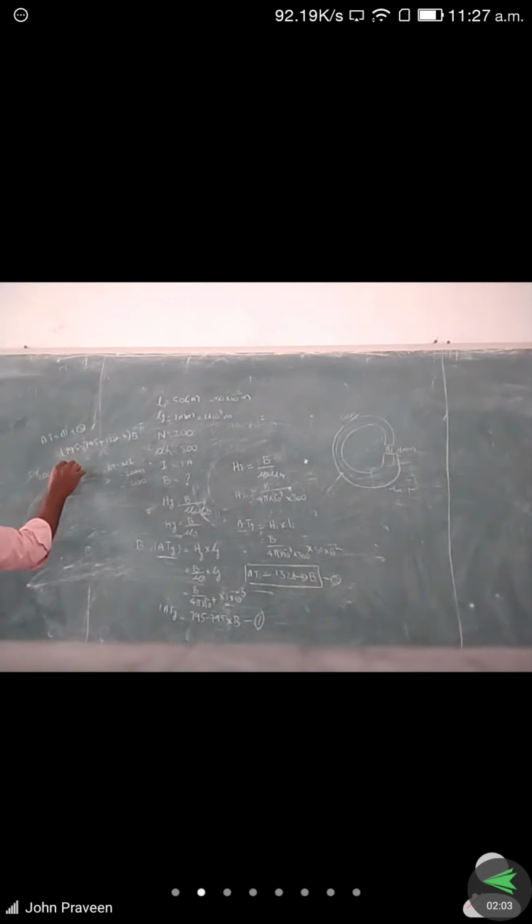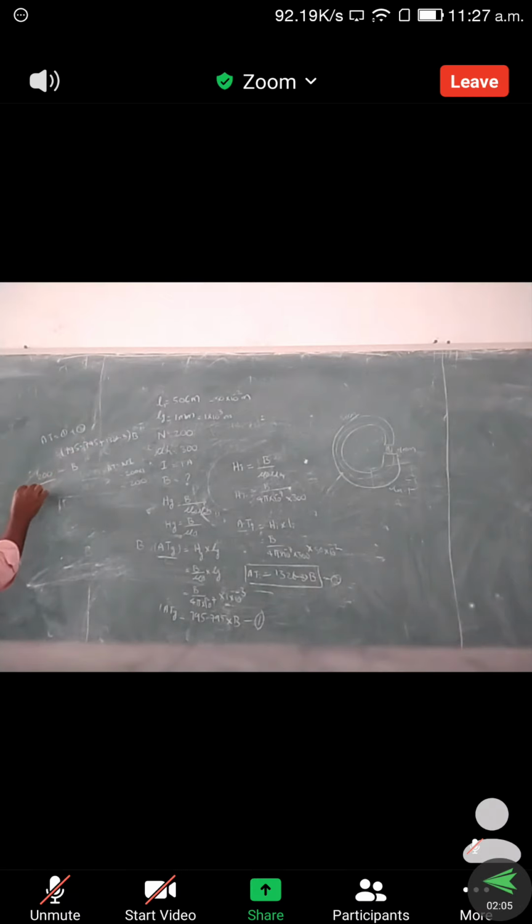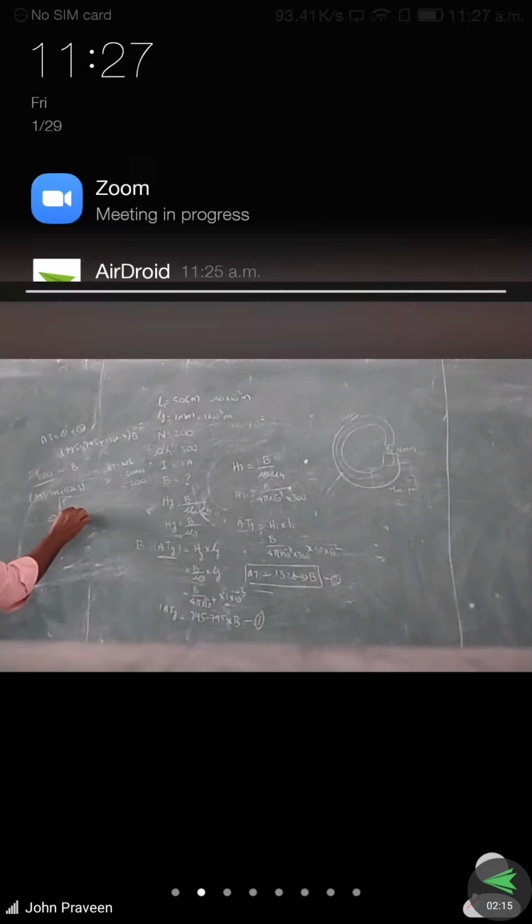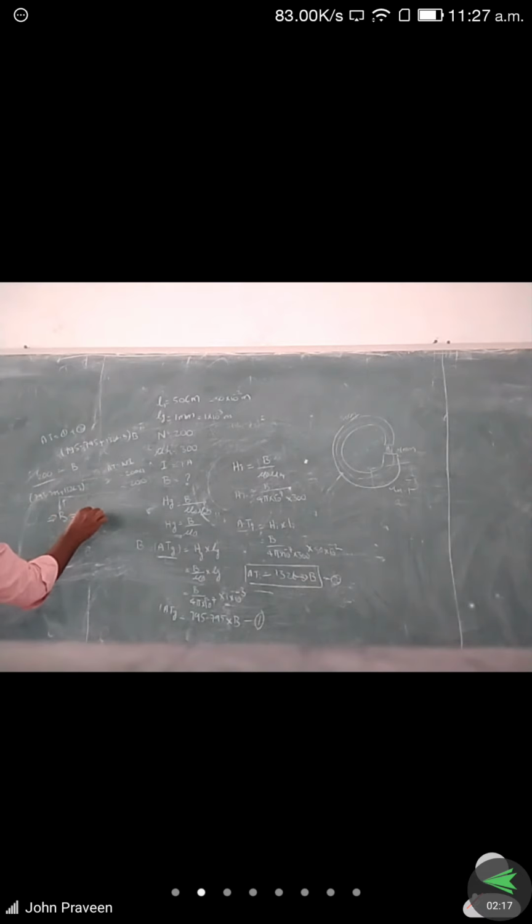So we take the summation: B into 795.795 plus 1326.3. That implies the B value we get is 0.942 Webers per meter square. So this is the value we found finally.